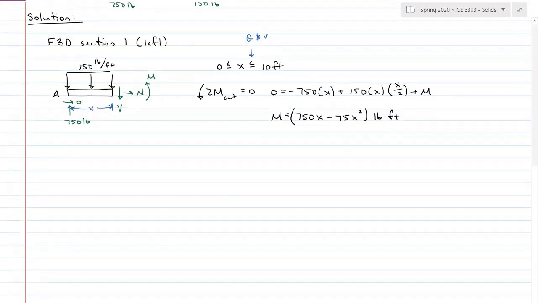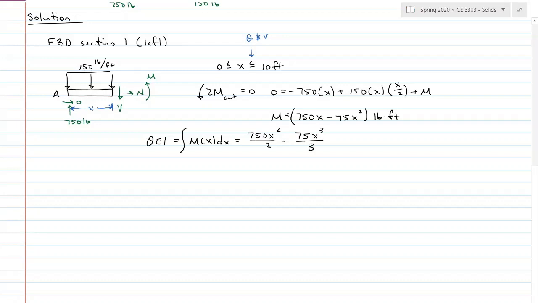Okay, now I'm going to integrate that. So my slope equation, and I want to throw EI in there because slope is going to change based on the material E and the cross section I, is equal to the integral of the moment in terms of x. So this is going to be 750x squared divided by 2 minus 75x cubed divided by 3 plus a constant of integration.